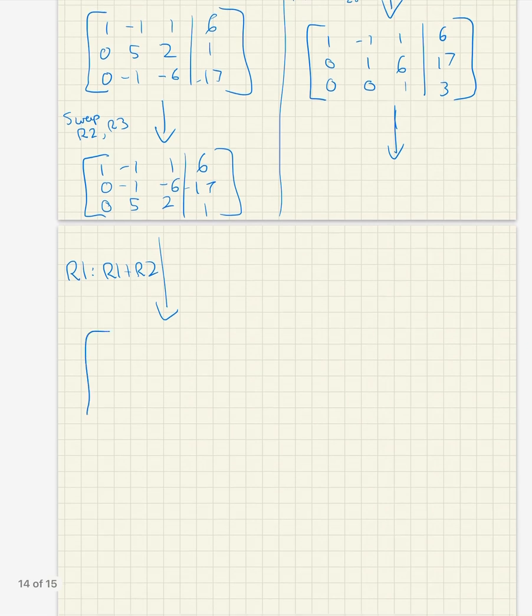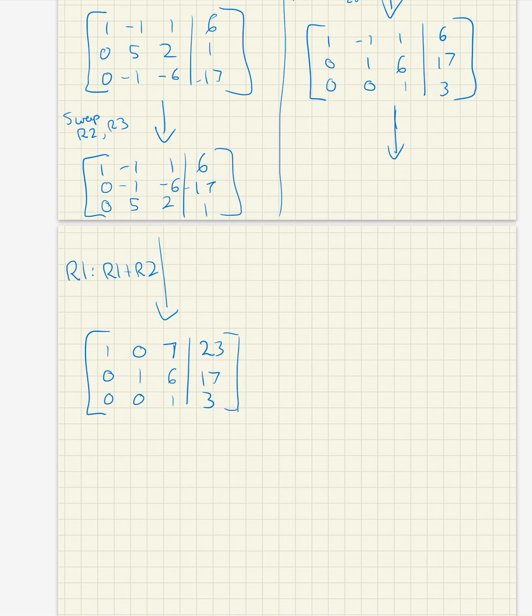And what that does is that turns this first row second column value into a 0, because -1 plus 1 is 0. And then the way it changes the last 2 terms is I get a 7 there and 23 on the end.